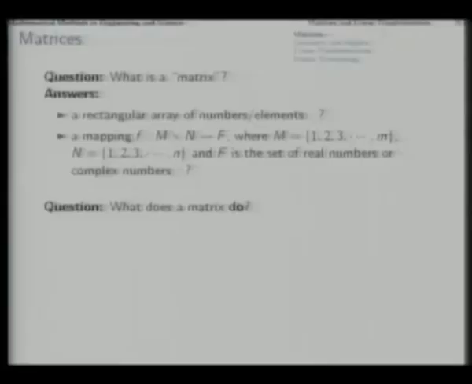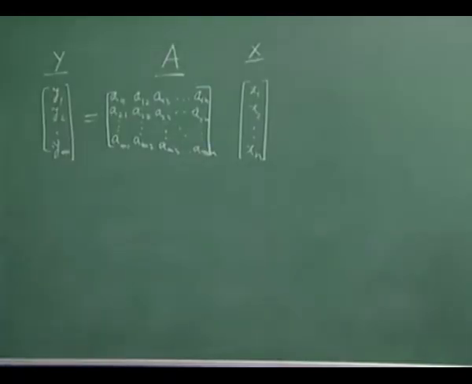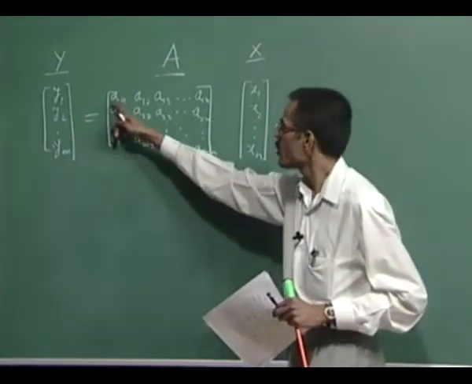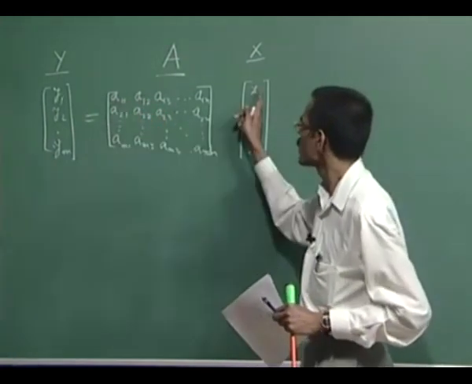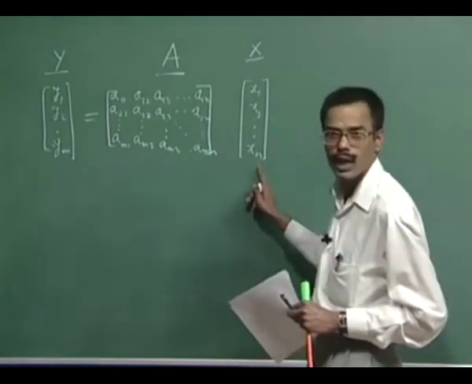Therefore, when we ask this question, what does a matrix do, the trivial answer that we get is that with an m by n matrix A, when the matrix A multiplies a vector x, then as a result we get a vector y, and the matrix vector multiplication rules will directly give us the expressions for y1, y2, y3, etc. from here. y1 is a11 x1 plus a12 x2 plus a13 x3 and up to a1n xn.